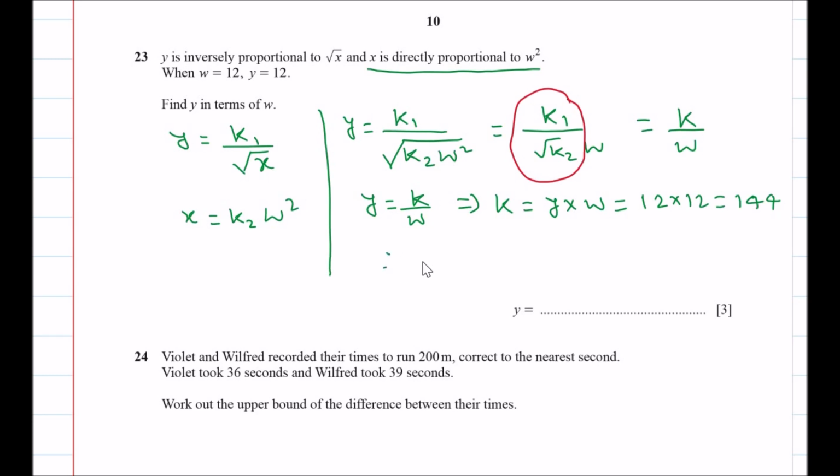Therefore, y equal to 144 by w. The k value we just substitute there, w as it is. So your answer is 144 divided by w.